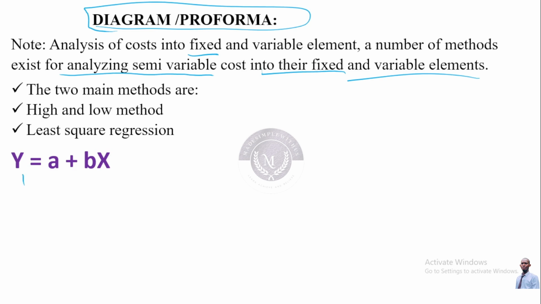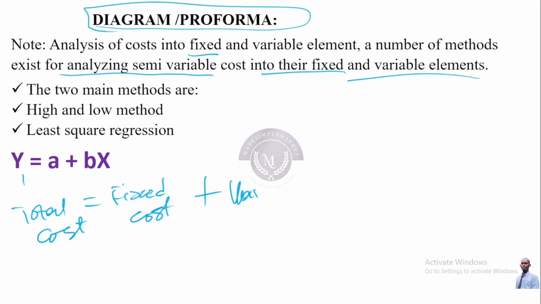Y represents the total cost, a represents the fixed cost, plus b represents the variable cost, and x represents the output. That's why in the next video, we are going to solve a barrage of questions on the high-low method and also the least square regression.